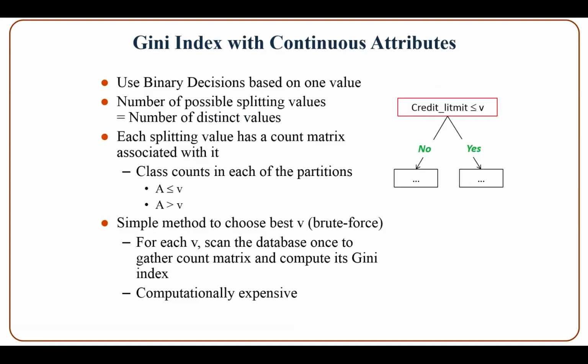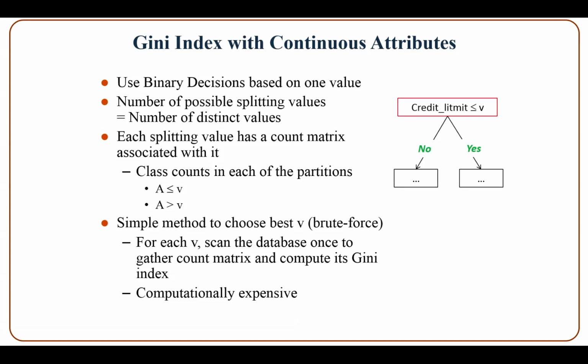How about Gini index with continuous attributes? One of the ways is to get all the distinct values and then split the training set at each value. For each value, scan the database once to gather the count matrix and compute its Gini index.